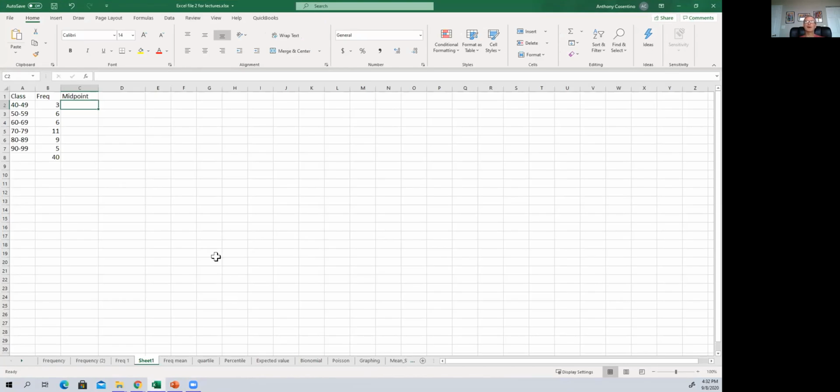So when you set that up, you can see I have the data pre-entered and we have the frequency. And so for the midpoint, when you do a formula, you hit the equal sign, and then parentheses. So that would be 40 plus 50, end of parentheses, divided by 2, which is 45, and equals parentheses 50 plus 60 divided by 2.